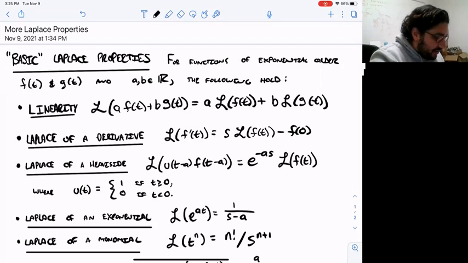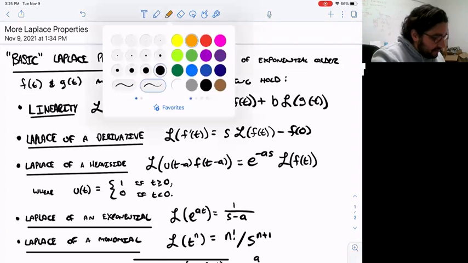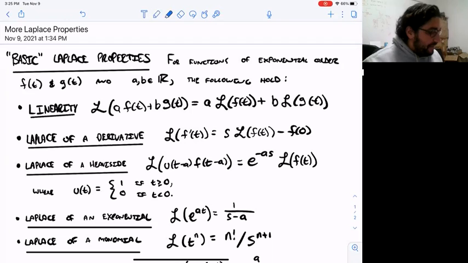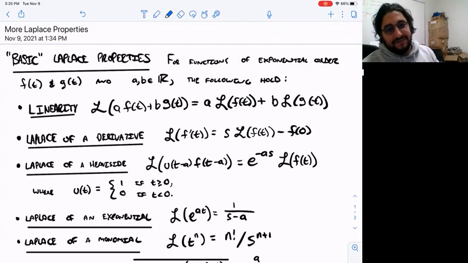So here, to start, I want to review some basic properties of Laplace transforms. Not basic necessarily because they're easy to prove by any means, or even easy to use, but basic in the sense that to get off the ground solving differential equations using the Laplace transform, you absolutely need these properties. You can hardly do anything unless you have these.